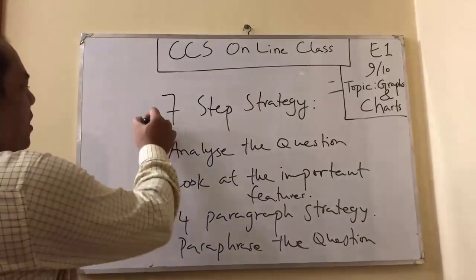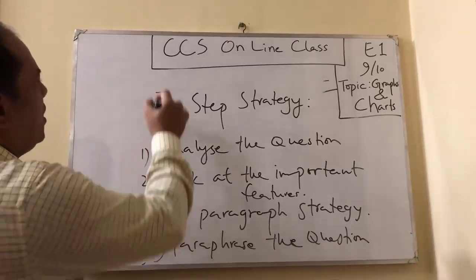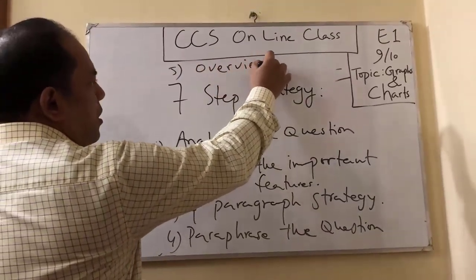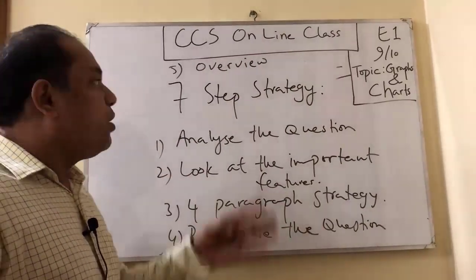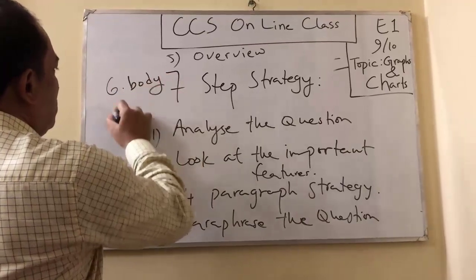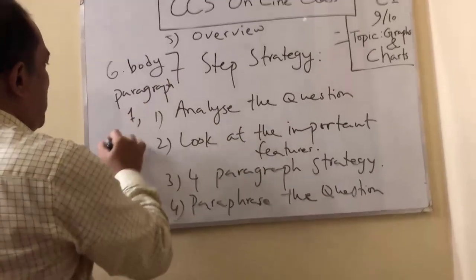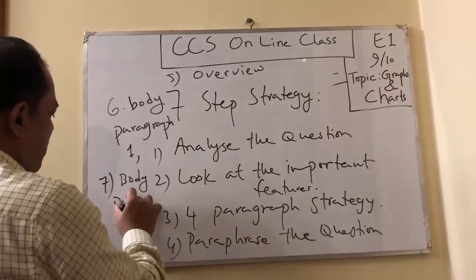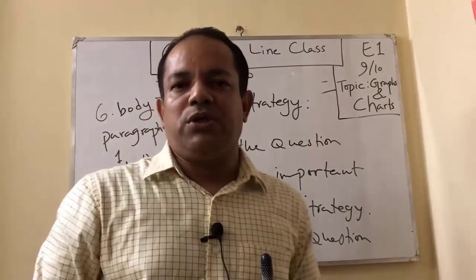Then it is 1, 2, 3, 4, then 5, overview, that means where the rate became highest and where the rate became lowest. And 6, body paragraph 1, and 7, body paragraph 2. So in this way, you can draw a conclusion in your writing.